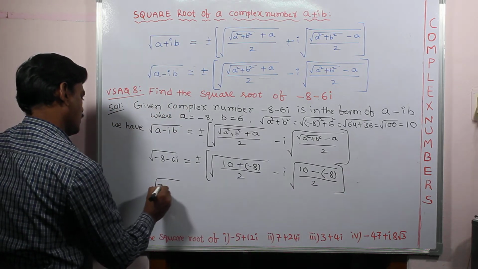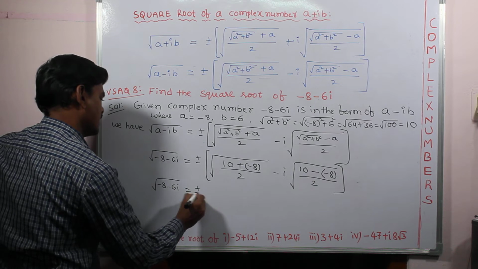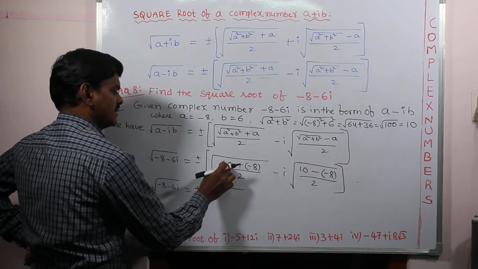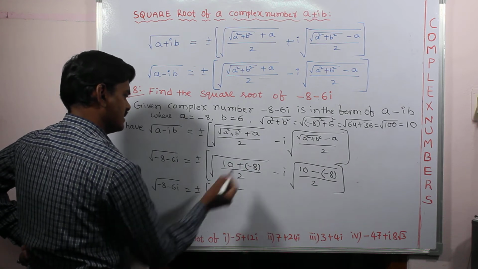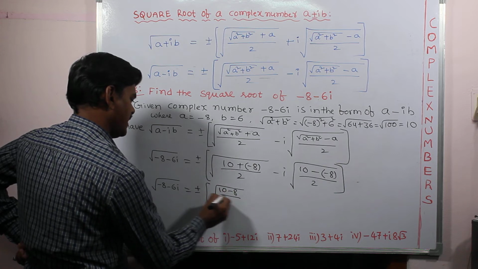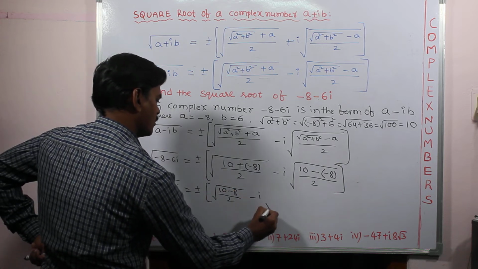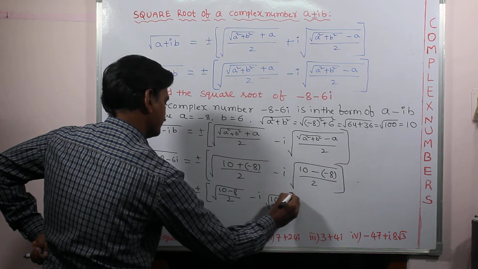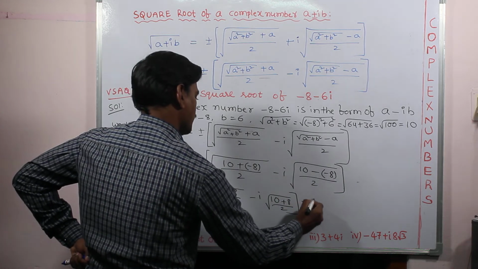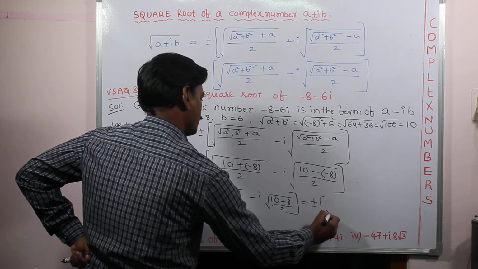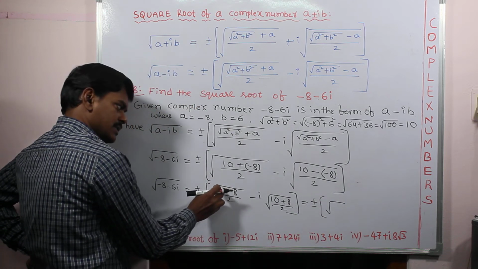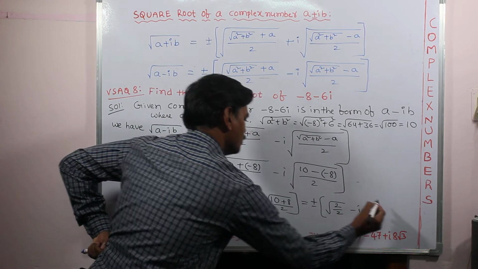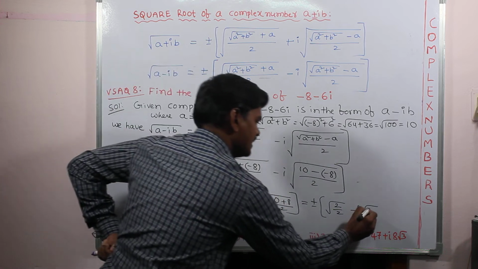So now root over minus 8 minus 6 iota equals plus or minus root over (10 plus into minus minus 10 minus 8) whole divided by 2, minus iota root over (10 minus into minus plus 8) by 2. So this equals plus or minus root over 10 minus 8, which is 2 by 2, it becomes root over 2 by 2, minus iota into root over 10 plus 8, 18 by 2.